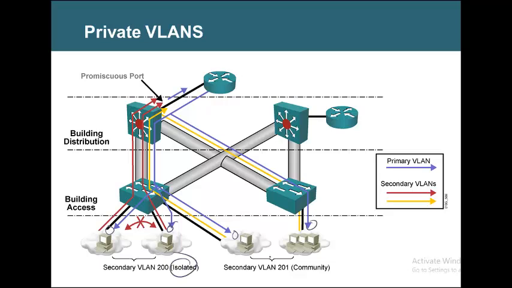You see, they don't talk to each other, though they belong to the same VLAN. The yellow one is another secondary VLAN, but it is a community VLAN, belonging to the same VLAN ID 201 community, so they can talk to each other, as well as talk to promiscuous. VLAN inside VLAN.